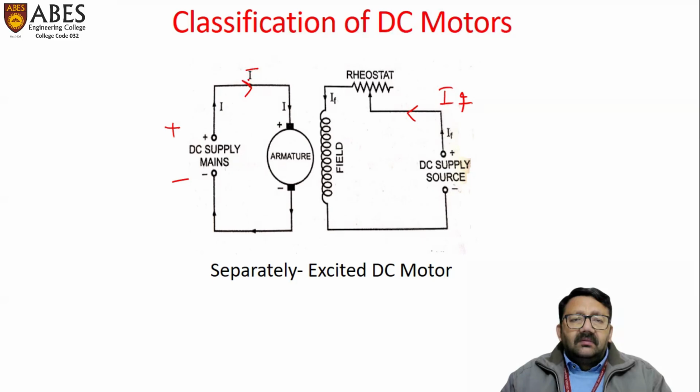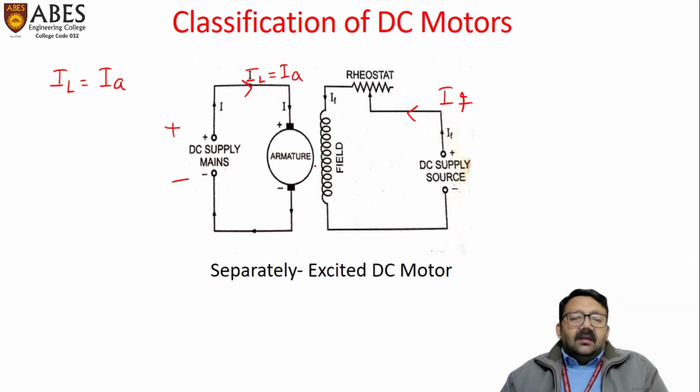This current is I, also known as line current, and as it is connected in series with the armature, the line current and armature current are the same, and they are independent of the field circuit as it is different.